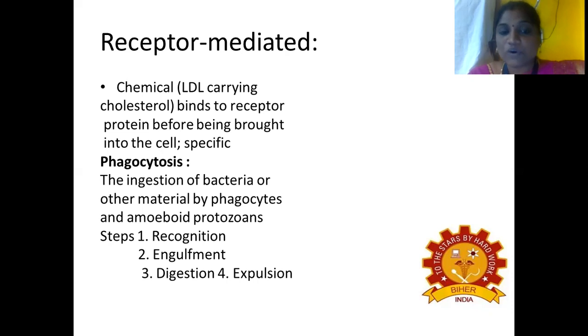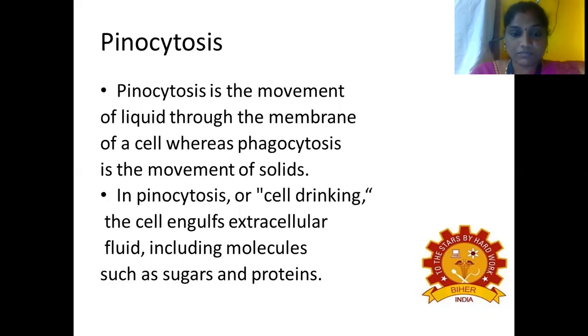First they recognize the particle, then it is engulfed by the cell membrane, and third, inside the vesicle it is digested, and then it is expelled. These are the 4 steps in the phagocytosis process.